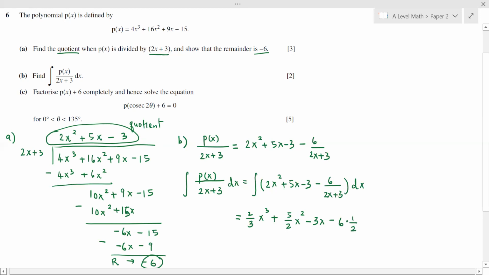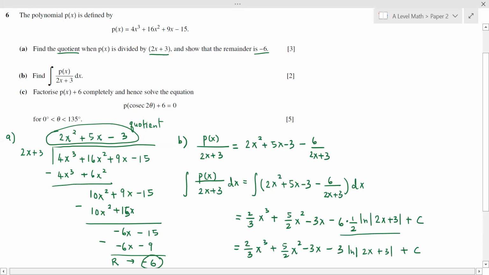So we multiply by 1 over 2 log of the absolute value of 2x plus 3 plus a constant of integration. We can rewrite the first part and only simplify this part. That is negative 3 ln of the absolute value of 2x plus 3 plus c. That will give us the integral.